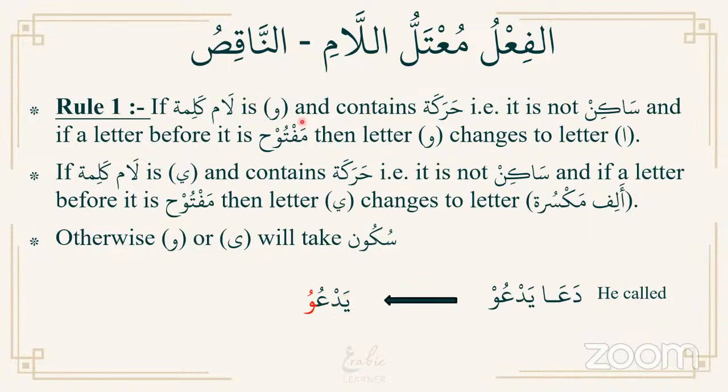No. So this rule is not working. The lam position is not having ya, so this rule is also not working for it. In any other situation, waw remains waw, ya remains ya. If it is lam kalima and it takes sukoon, so yad'u became yad'u. Now it is clear?